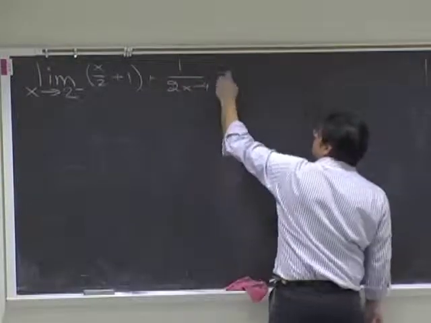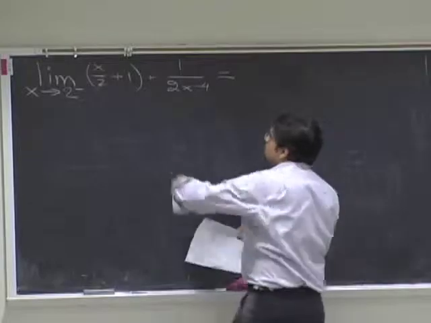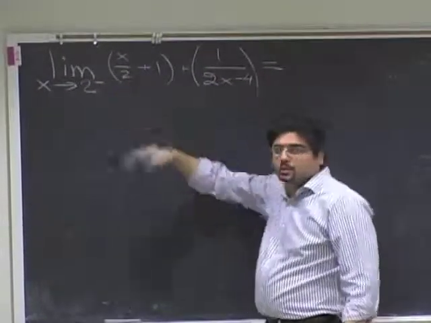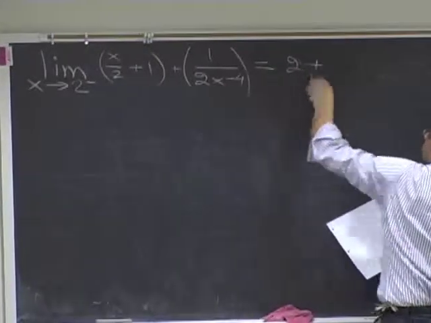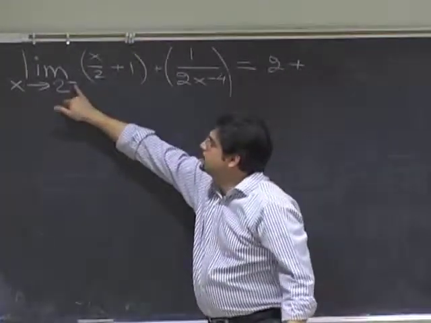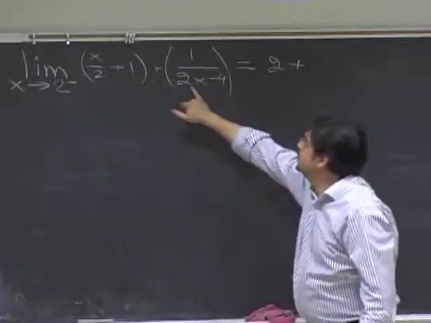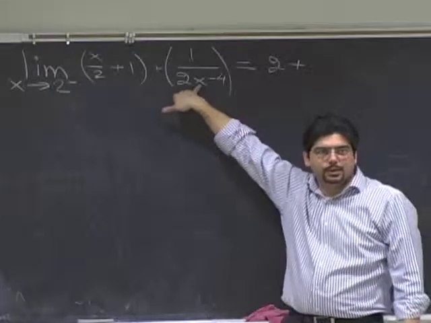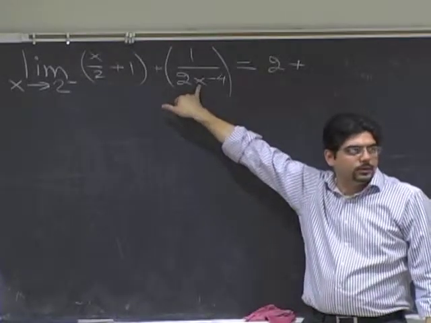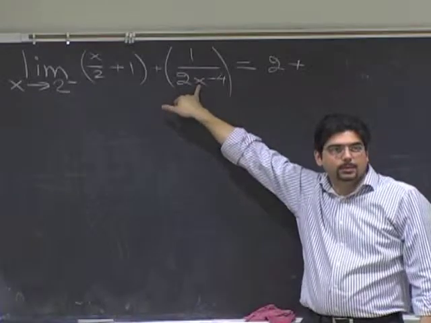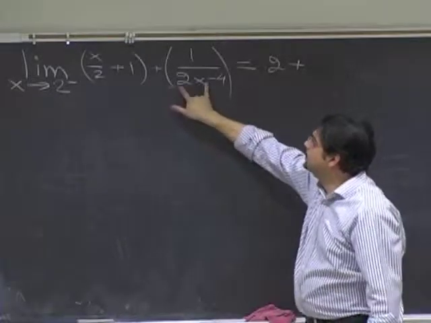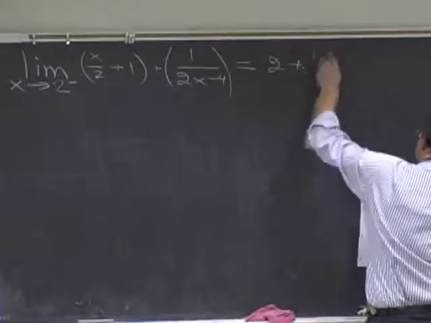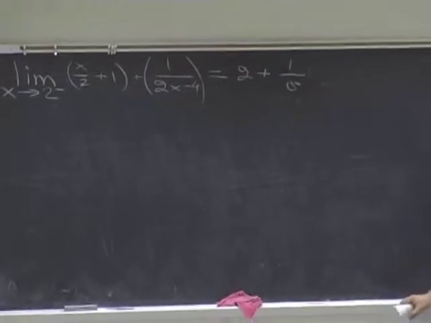So as x approaches 2 from the left, this quantity x over 2 plus 1 is 2. 2 over 2 plus 1, that's 2. x from the left, so close to 2 but less than 2. 2 times a number that's close to 2 but less than 2 is close to 4 but less than 4. Does that make sense? So less than 4 minus 4 is close to 0 but negative. So you get 1 over a small negative number.